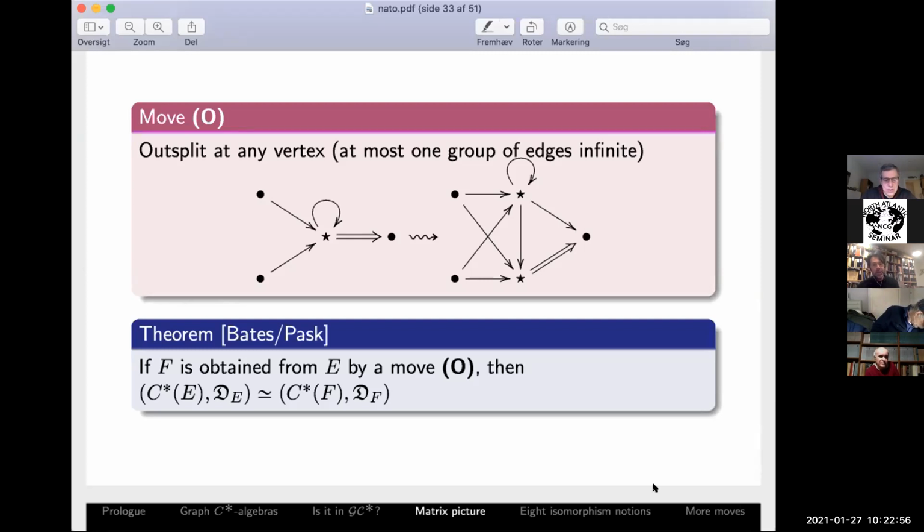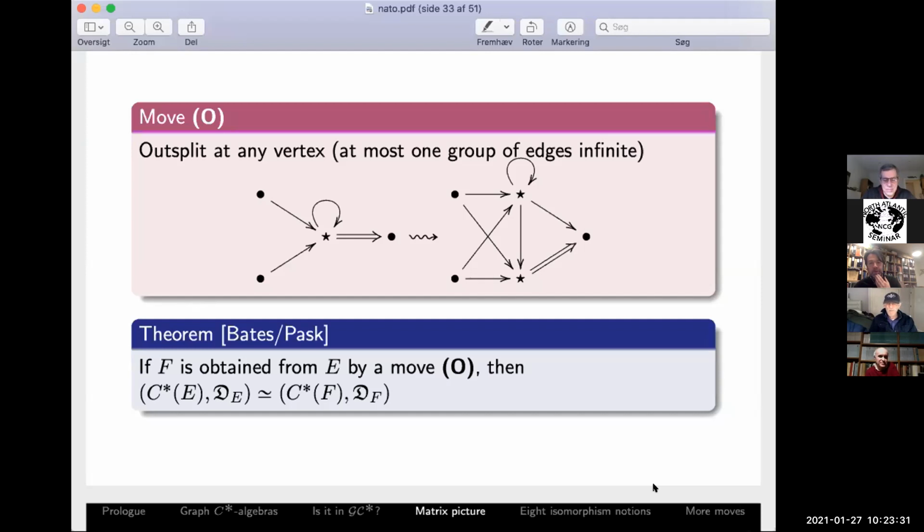And then essentially the map that I'm going to define, and then prove is an isomorphism using the gauge invariant uniqueness theorem, will do something like take a word of length 2 in the outsplit setting and send it to a sum of some words of length 2 in the other one. So I'm not being very concrete here, but let me say where you read this very well.